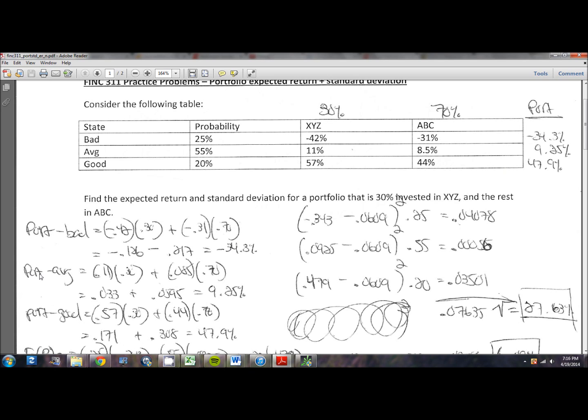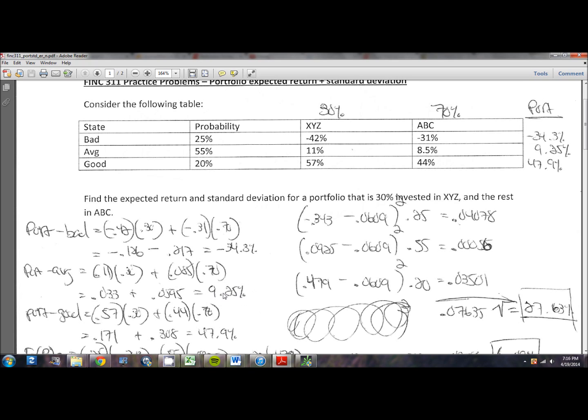And then portfolio average and portfolio good are found the same way, by taking XYZ in an average state, 11%, times the weight of XYZ plus ABC in an average state, 8.5%, times the weight of ABC. Netting those two together gives you 9.25%, which is this number right here.